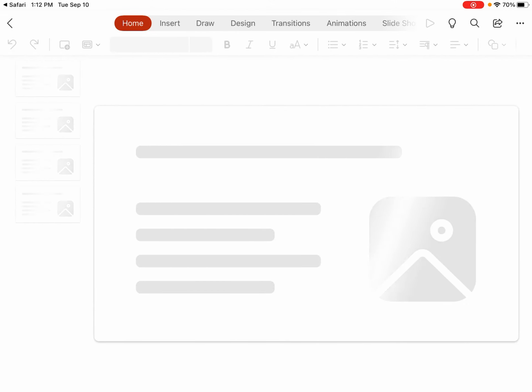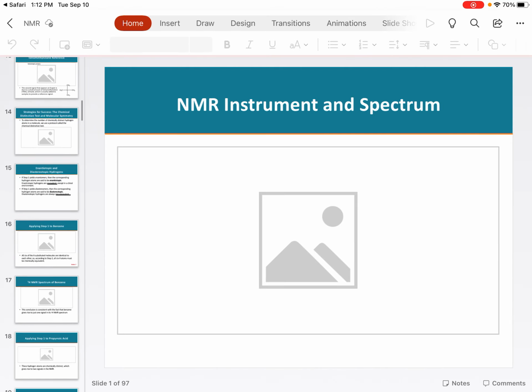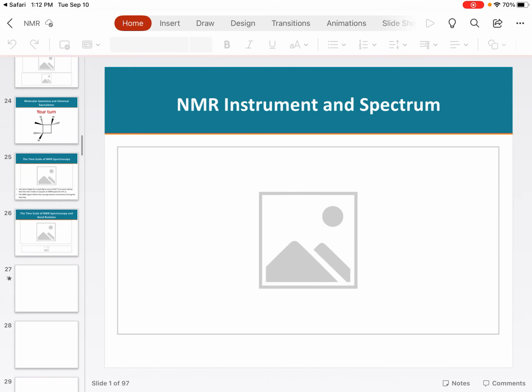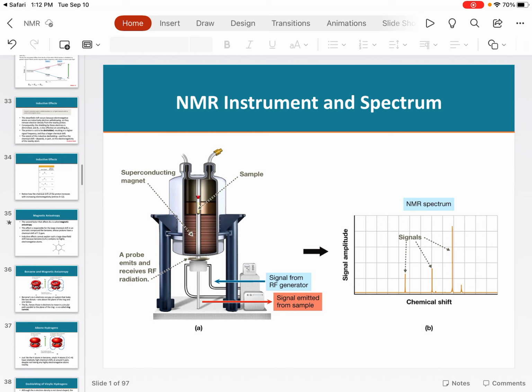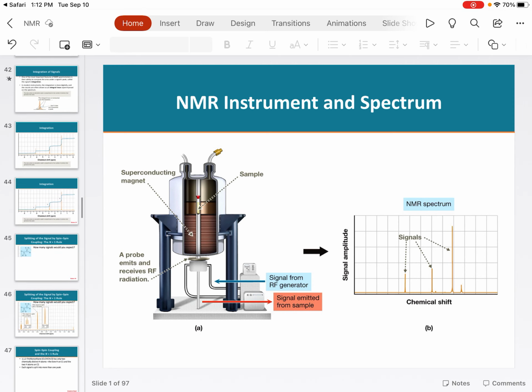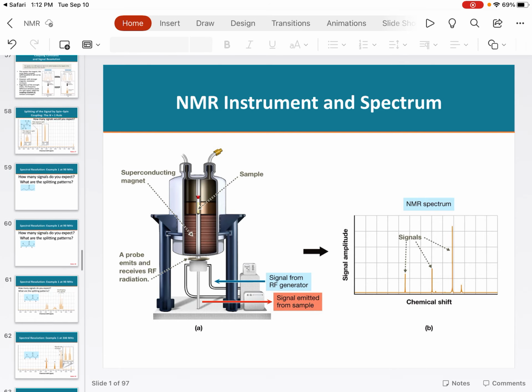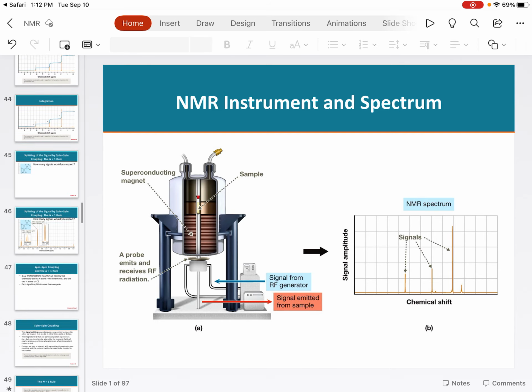Let's see here. Where is that table? Try and find the table of the chemical shifts.